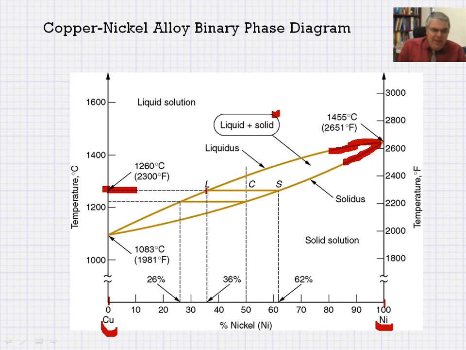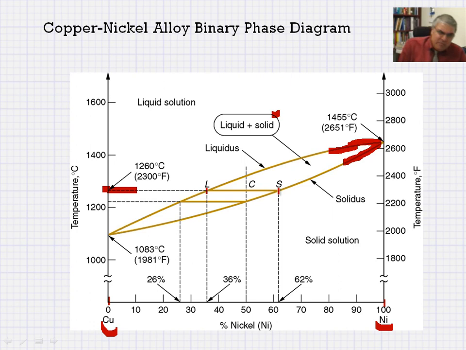You knew there was another temperature at which it actually started melting. So you know the temperature at which it got completely melted, and the temperature at which it started to melt, which is usually the same temperature, but depending on the percentage of nickel, it would be a variable.